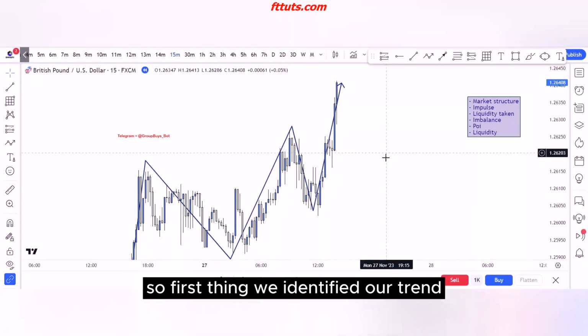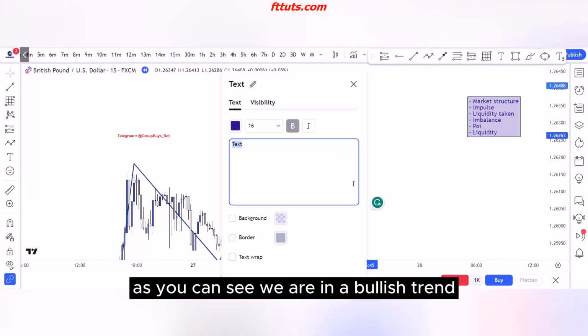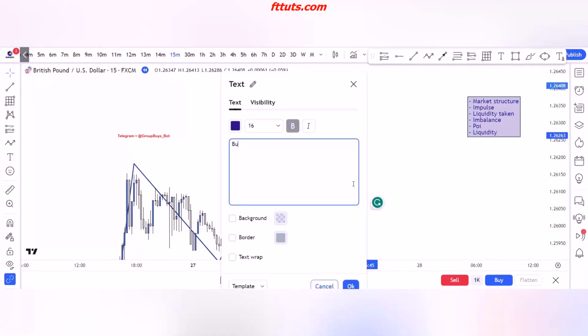So first thing, we identified our trend. As you can see, we are in a bullish trend. I will write it down.